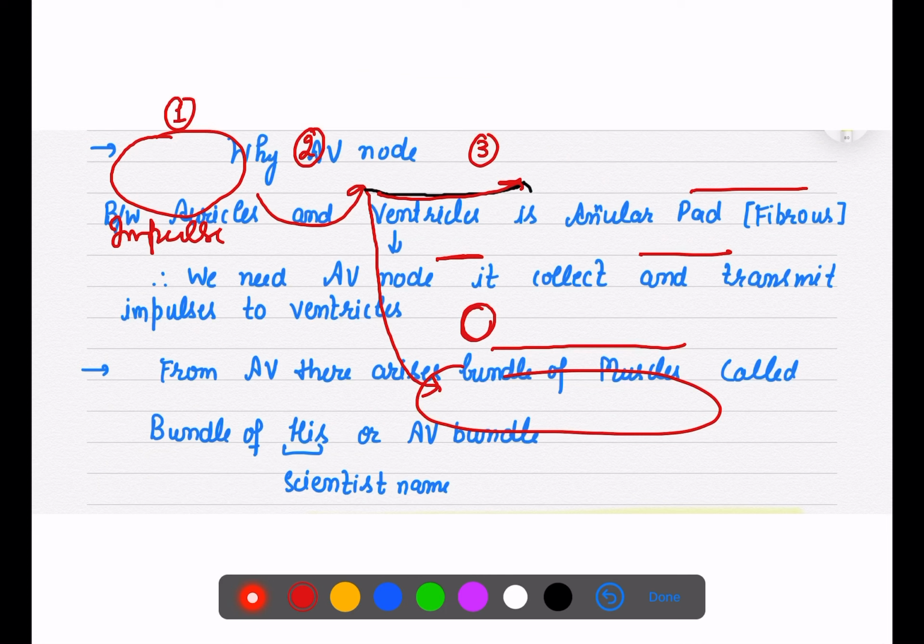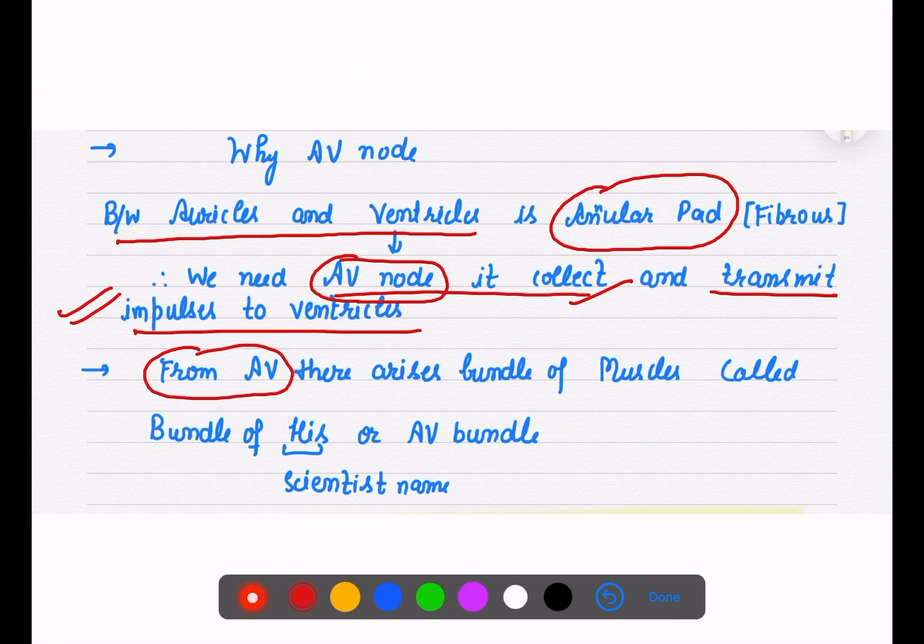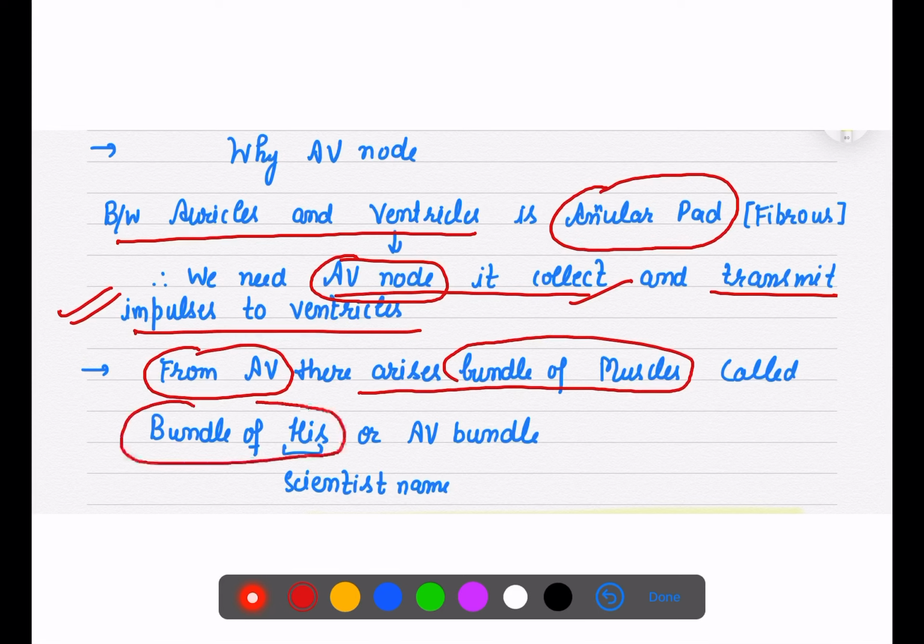So from the AV node, there arises a bundle of muscles. And what are we calling them? Bundle of His. His is the scientist's name, or they are also known as the AV bundle. These are bundles of muscles which carry impulses from the AV node, right?